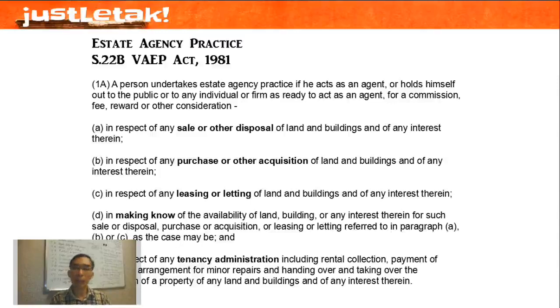So estate agency practice is a very specific area of conducting agency in a real estate or real property scenario. If you have a plot of, say, oil palm plantation, and you are selling this oil palm plantation to a prospect buyer, an agent can be appointed to sell it, and therefore he is carrying out estate agency practice, although it is a plantation and not the land that you are selling.